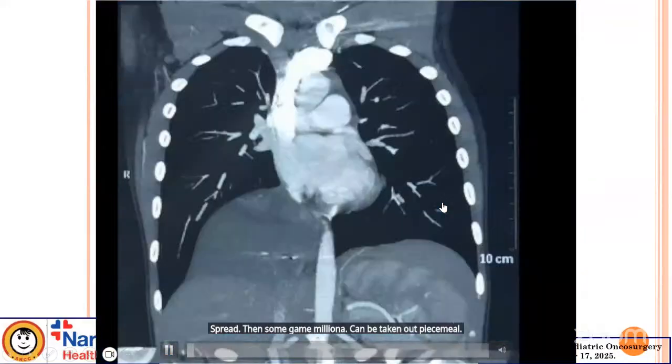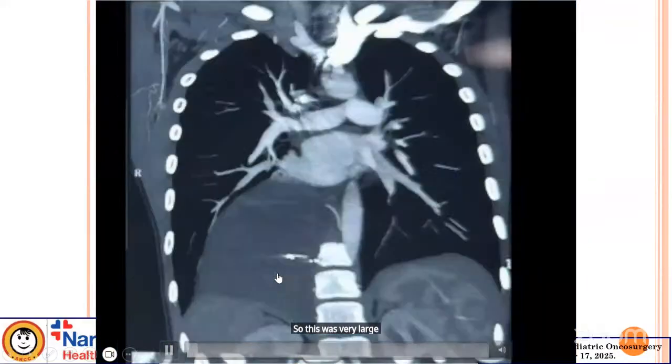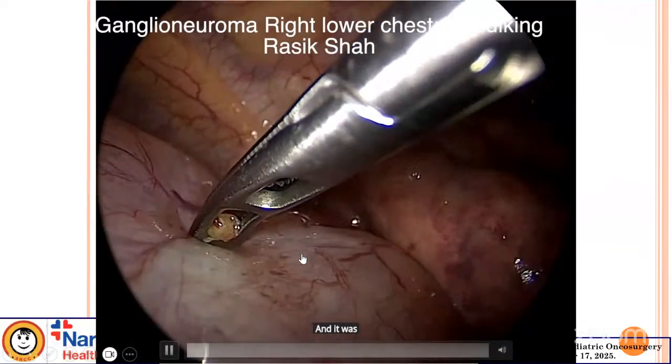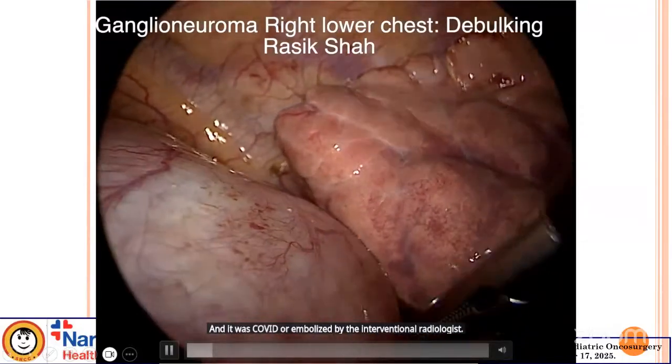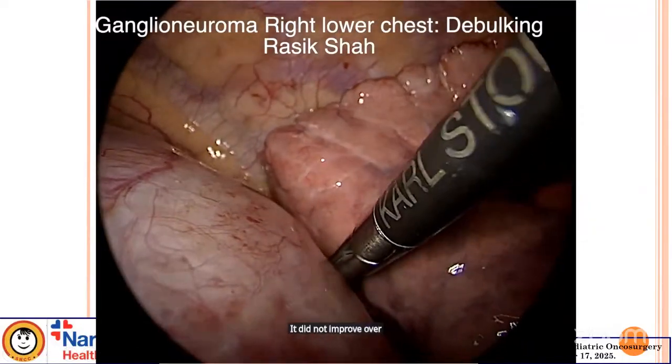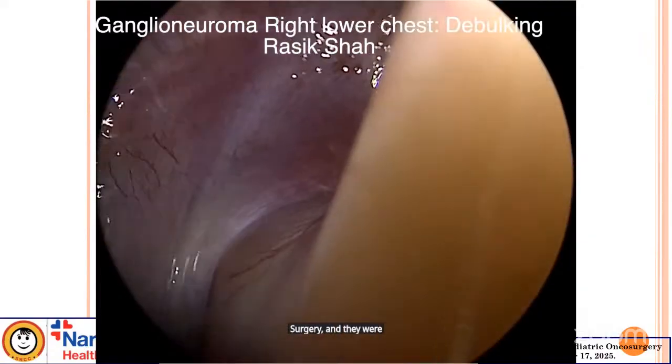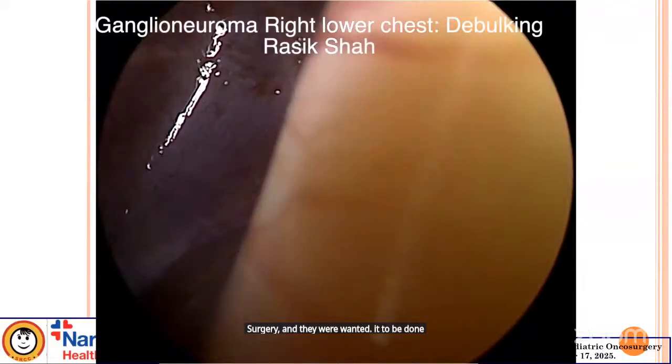So this was a very large ganglioneuroma, though it was diagnosed as extralobar sequestration, and it was coiled or embolized by the interventional radiologist. It did not improve over 3 years, and the patient came for surgery, and they wanted it to be done by minimal access and came to us.